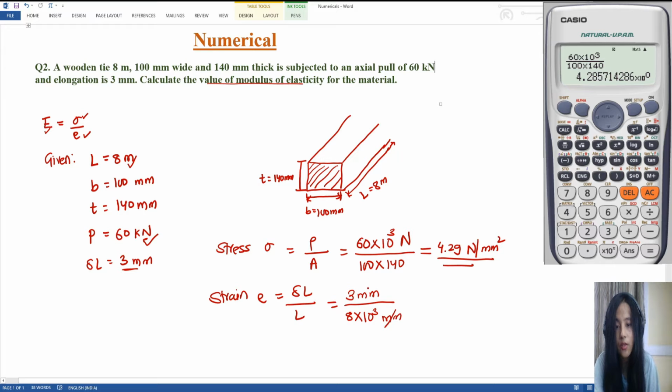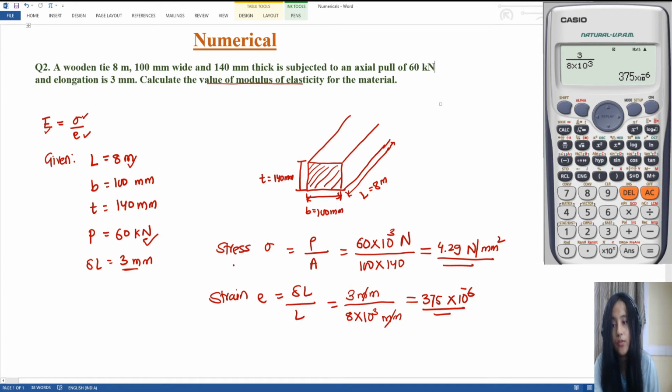So the unit will get cancelled and strain will have no unit. So this is coming equal to 3 divided by 8 into 10 raised to power 3, which is 375 into 10 raised to power minus 6. So this is the strain, and it has no unit.